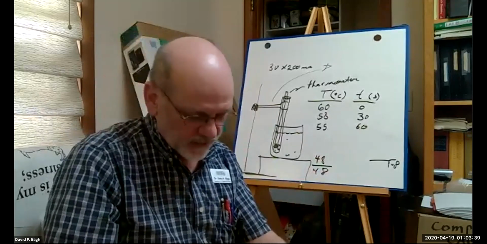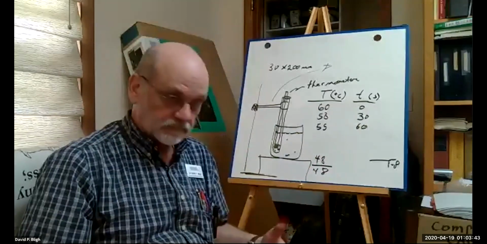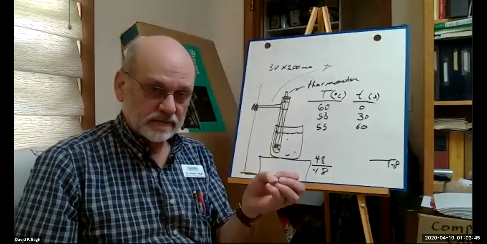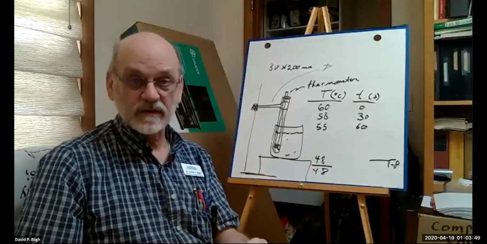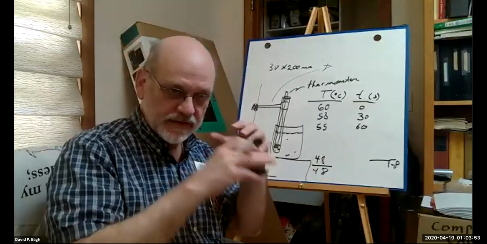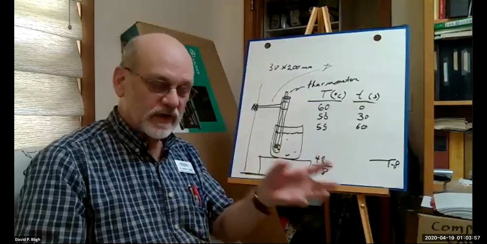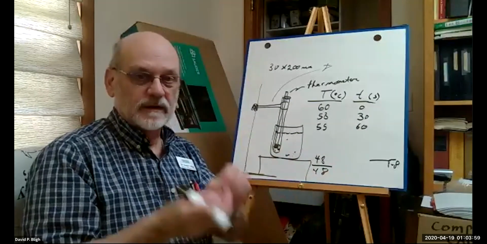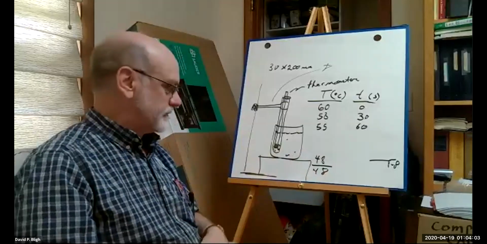Remember experiments that we did using an ice bath. Right? If you have solid water, ice, and liquid water together at the same time, then the stable temperature there will be the freezing point. Right? So when you have solid and liquid together, that's the freezing point, and the temperature will not change.